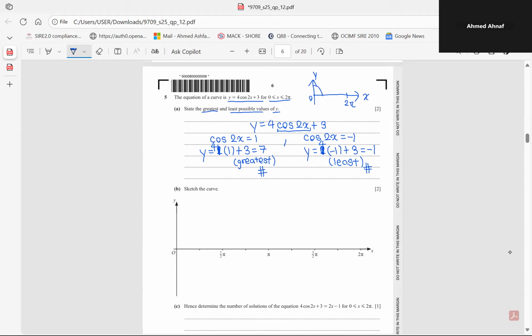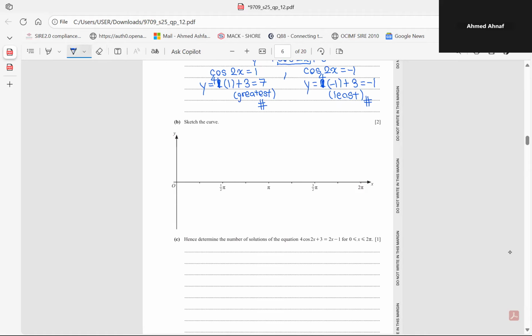So this is pi over 2, followed by pi, and then this is 3 pi over 2, and then back again at 2 pi. So this is our original cosine function, y equals cosine x. So it is this upside down bell curve shape that we have to sketch. So just giving you a little idea about the function we're going to sketch.